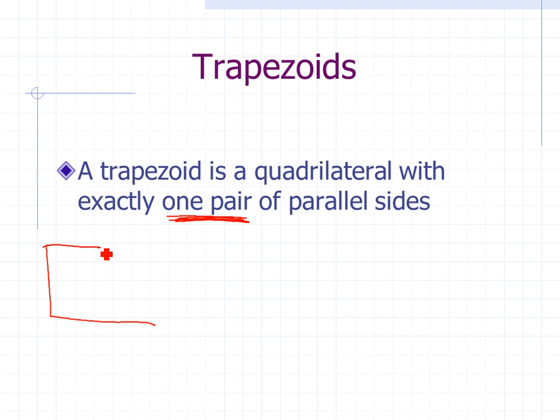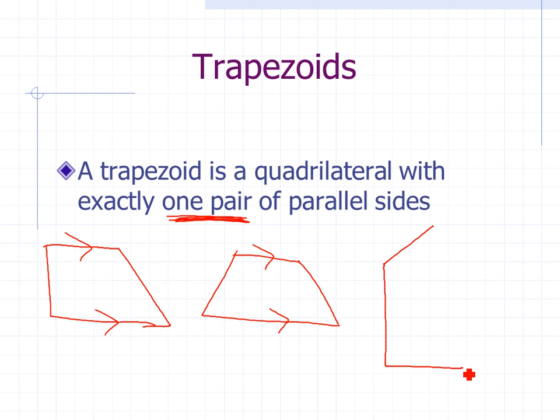These are just the normal two trapezoids that we use a lot. Could look like that, where these two sides are parallel. Could look like this, and this is going to be a special trapezoid that we're going to talk about. It also could look like that. Parallel sides don't have to be the top and the bottom, they could be the sides. But it's just got two sides that are parallel, the other two sides are not parallel.